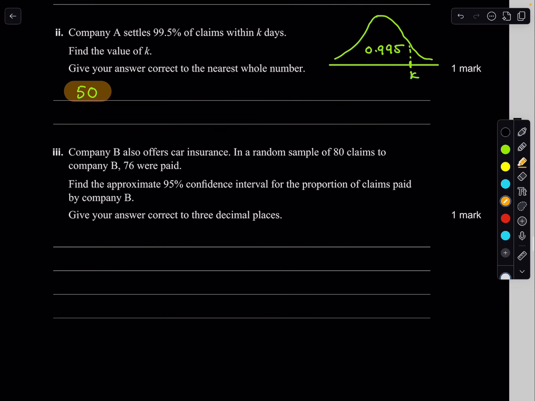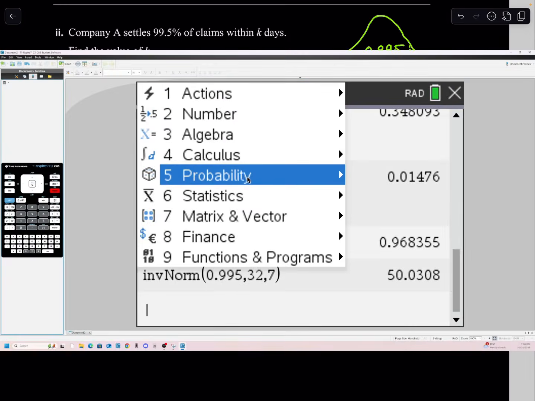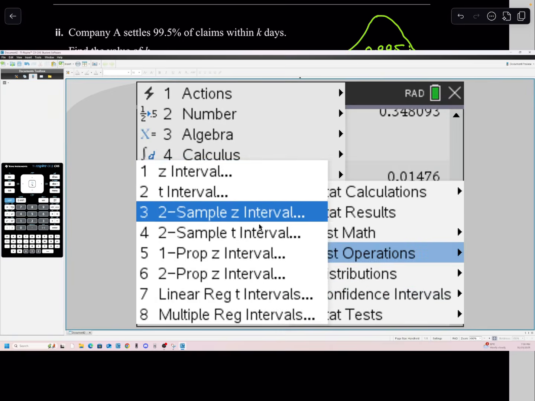Next question. Company B also offers an insurance. In a random sample of 80 claims to Company B, 76 were paid. Find the approximate 95% confidence interval for the proportion of claims paid by Company B, to 3 decimal places. Just use your CAS: menu, statistics, confidence interval, 1 prop Z interval.